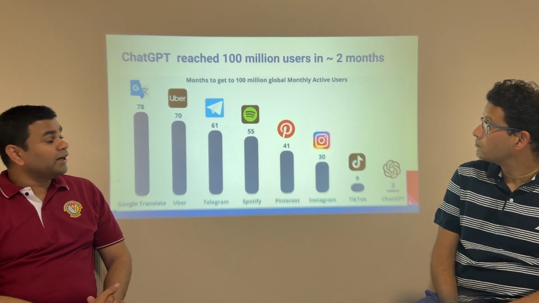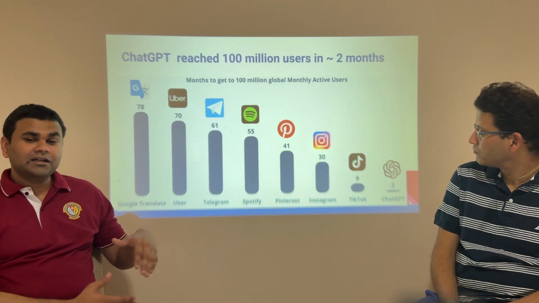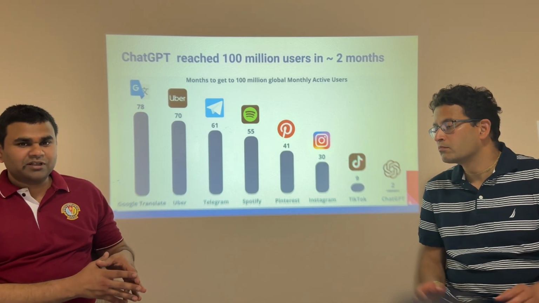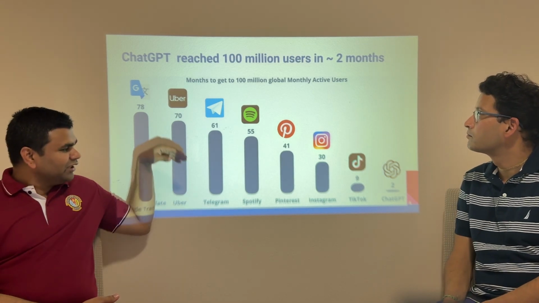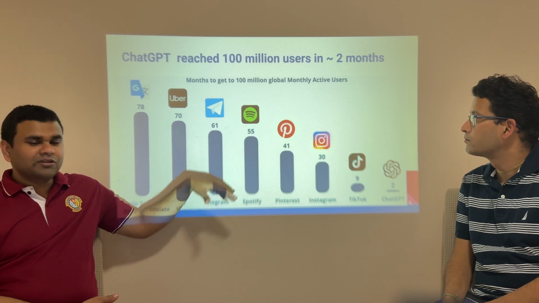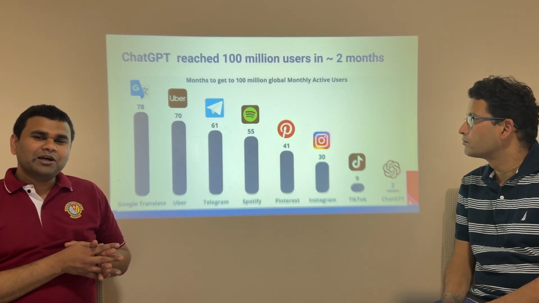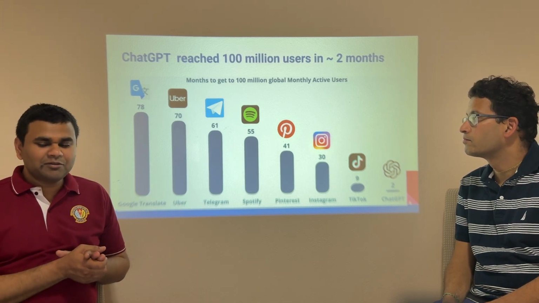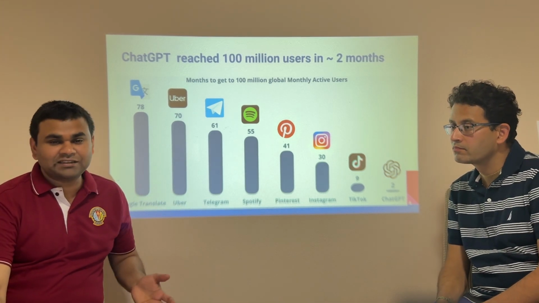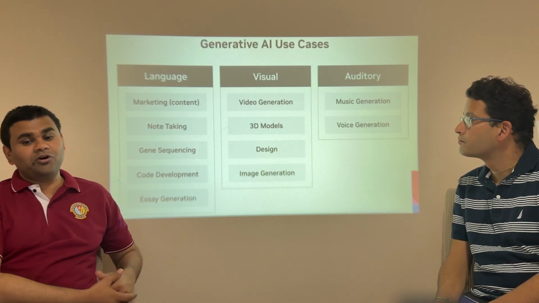So in the tech space, as you can see, the amount of time it takes to hit a particular number of users is continuously coming down. Who knows? In future we could have another application come out of the tech space, and it may become viral in just 7 days. So it's an exciting space to be in.